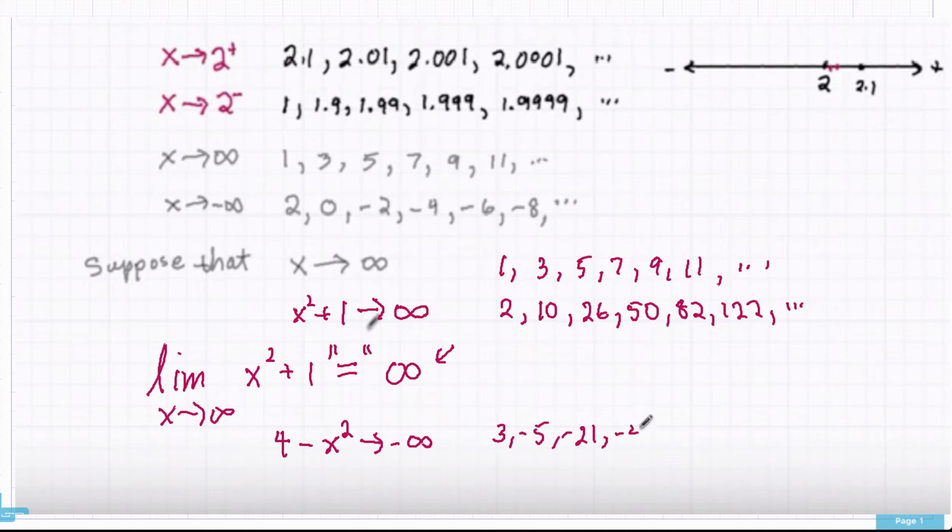This is getting hard. So we can sum up by noting that the limit as x goes to infinity of 4 minus x squared is going to be minus infinity.